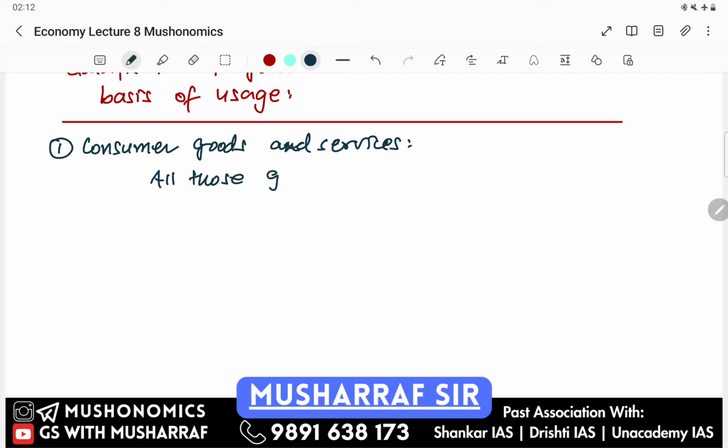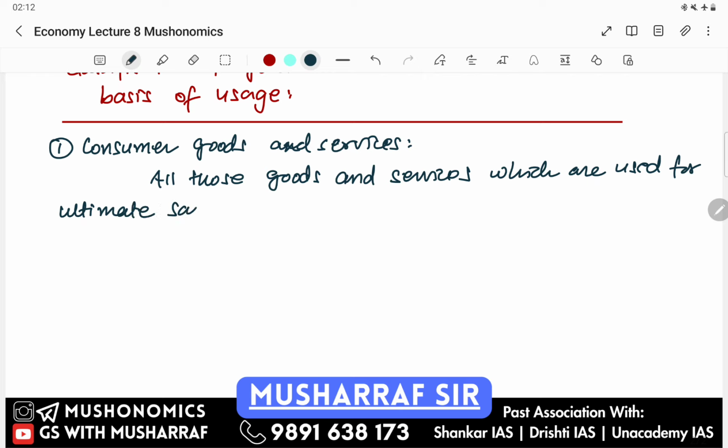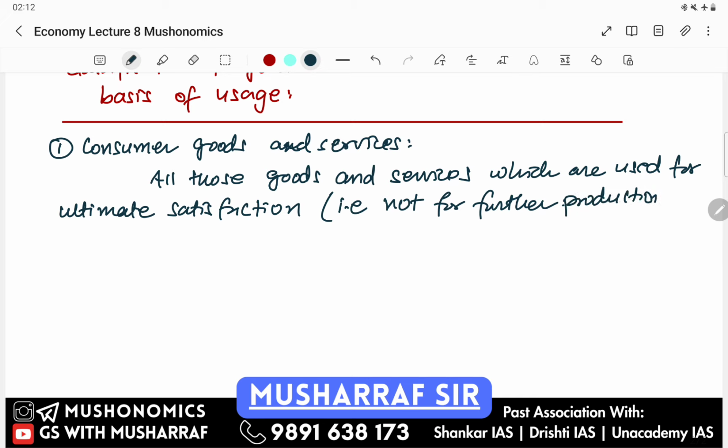All those goods and services which are used for ultimate satisfaction, that is not for further production, of ultimate satisfaction of households are consumer goods.